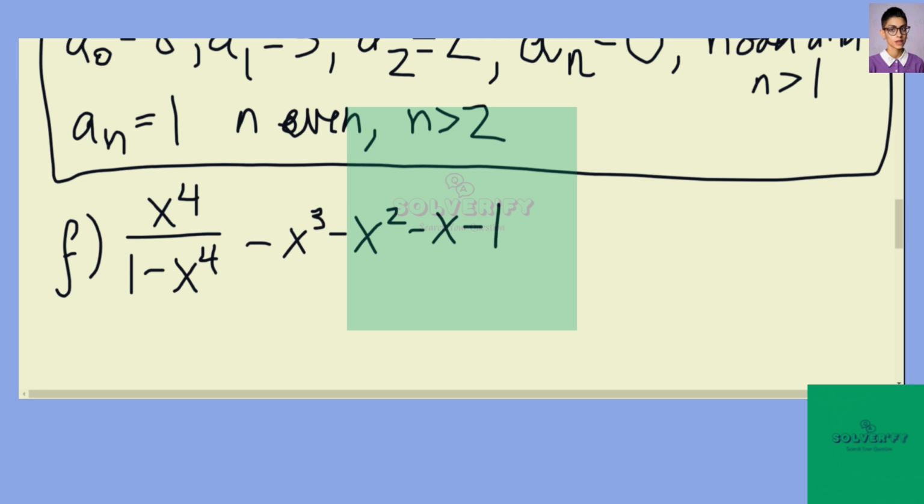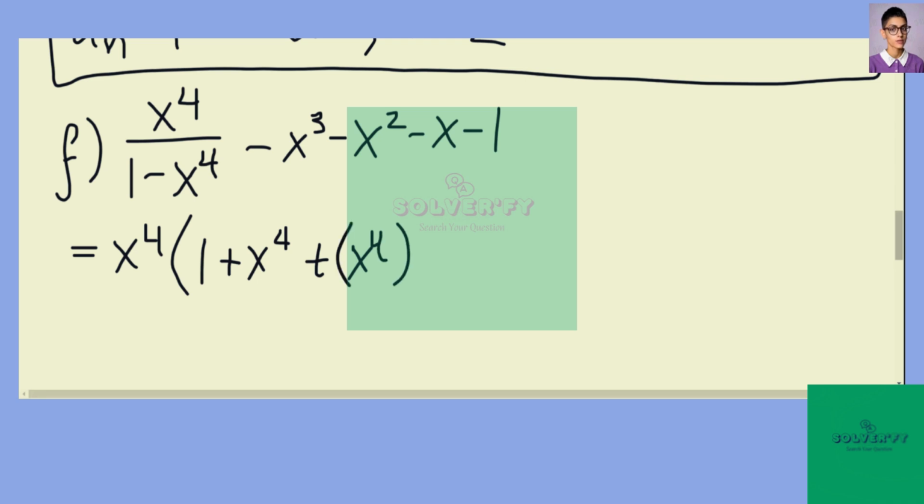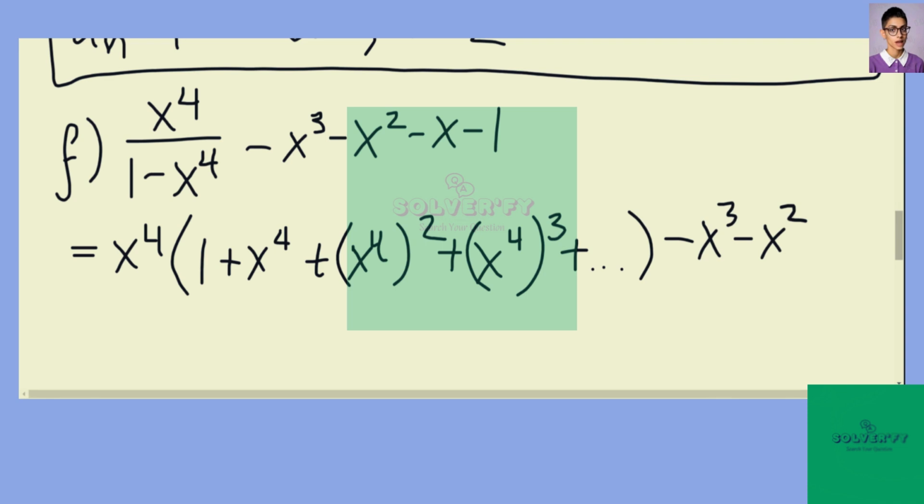And we have that by a theorem this generating function is equal to x to the 4th times 1 plus x to the 4th plus x to the 4th squared plus x to the 4th cubed, and so on, minus x cubed minus x squared minus x minus 1.